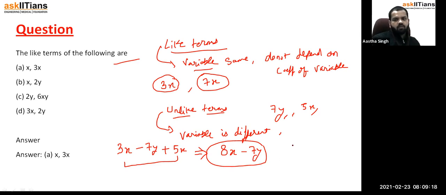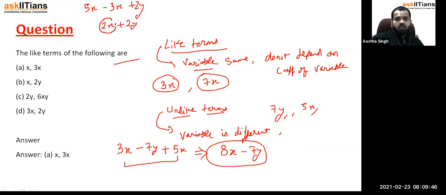We cannot further solve. Okay, in case of like terms, suppose 5x minus 3x plus 2y. Suppose this expression is given, so you can further simplify it. 5x minus 3x will become 2x plus 2y. So 2 and 2 will become 4? It will not be possible. Why?